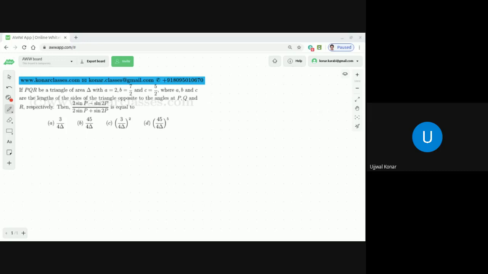Okay, as you see here, we need to find the value of (2 sin P minus sin 2P) divided by (2 sin P plus sin 2P). So we can first simplify a little bit.